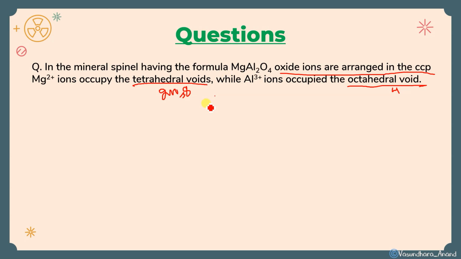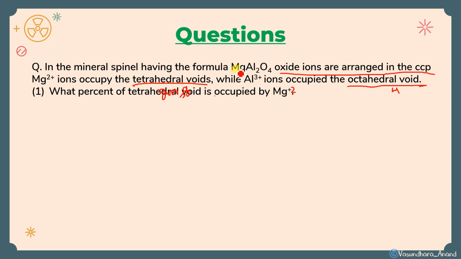So it will take 1 by 8, isn't it? There are 8 voids, out of which 1 is occupied, so 1 by 8. What percentage of tetrahedral voids is occupied by Mg plus 2? Out of 8 voids, Mg is going to occupy only 1, because only one Mg is given.